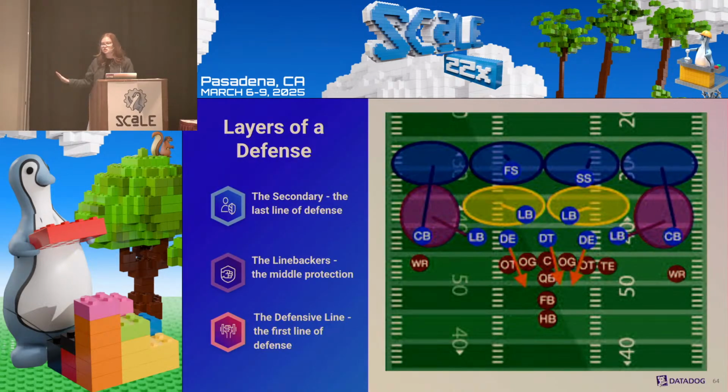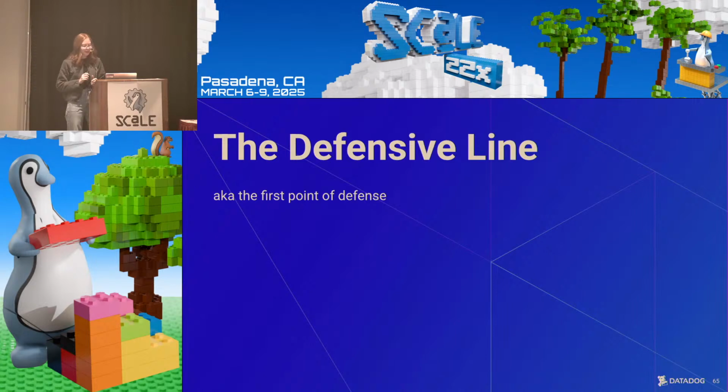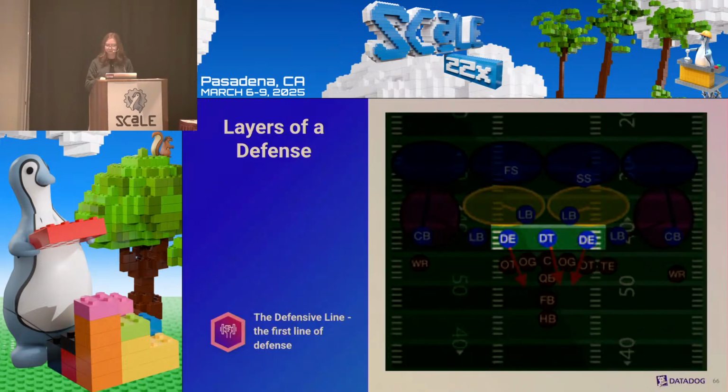So, again, this is back. I do not expect y'all to be able to understand any of this, but I promise it's coming back again for visualization help. So let's talk more about the defensive line, which again, is the first point of defense. I told you it would be back. We've got our defensive line players, and as you can see, defense, they're the blue dots, and the red dots are the offense. These players are the closest to the offense.